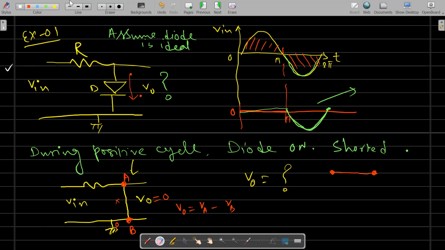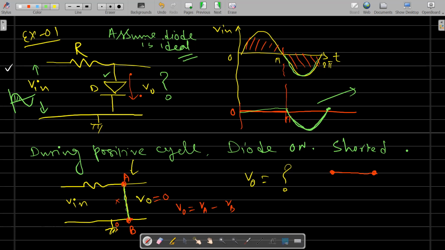Now you are already familiar with the diode forward and reverse characteristics. If I apply a sinusoidal waveform at the input, this is my Vin. During the positive cycle, the diode will be on, forward biased. Since we assume it is an ideal diode, we can replace the diode with a short circuit.